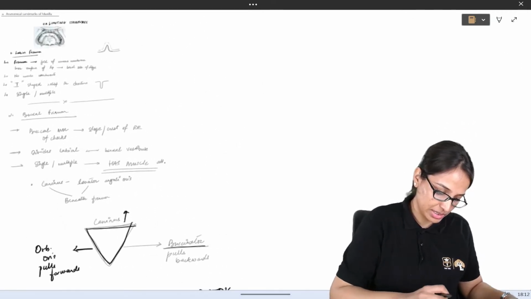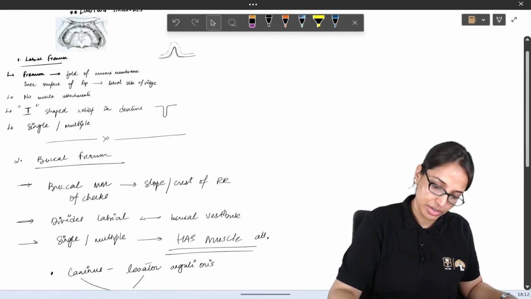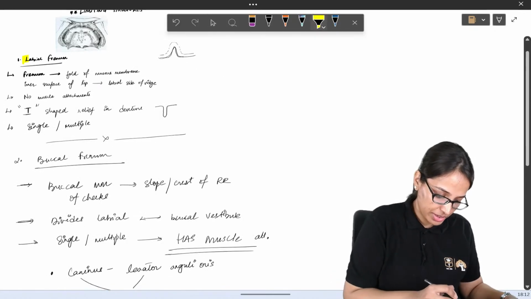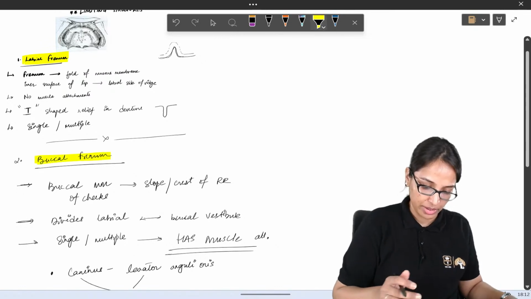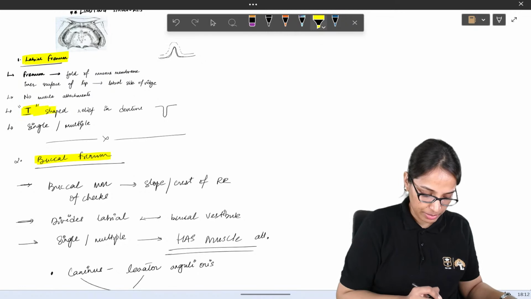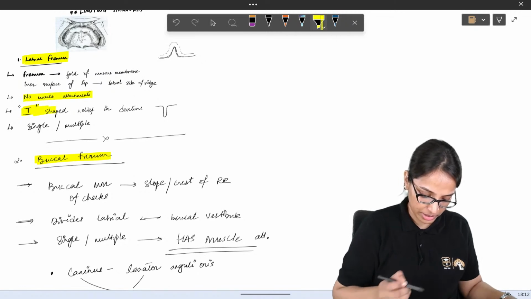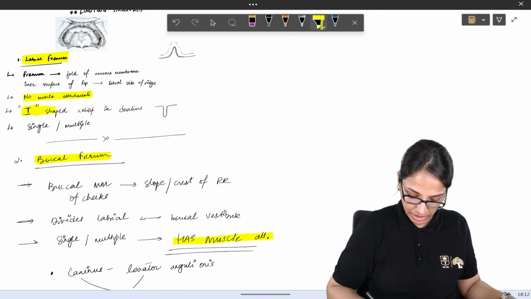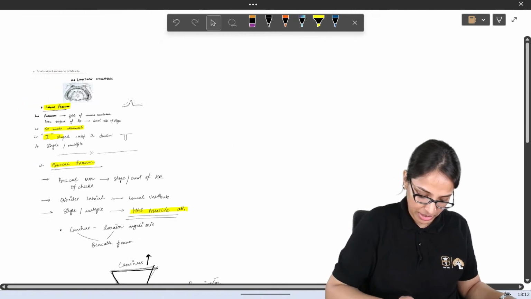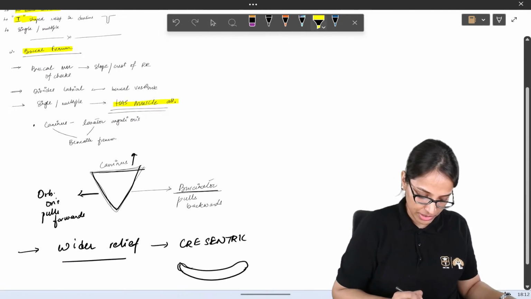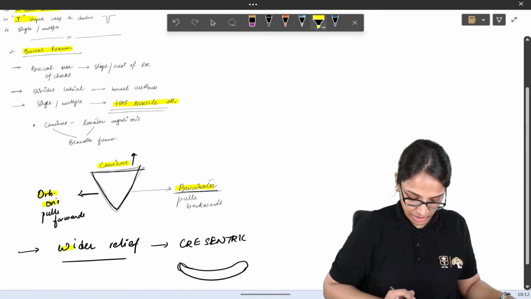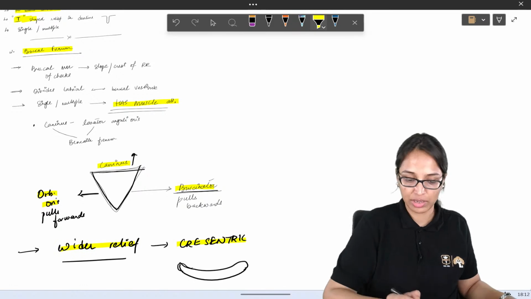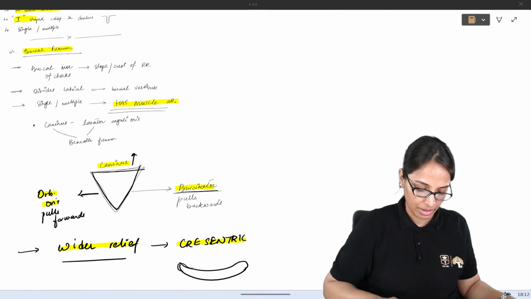What all did we see till now? We saw mainly two of our frenums. We saw our labial frenum and we saw our buccal frenum, right? Now, labial frenum, I-shape relief and no muscle attachments. Buccal frenum has muscle attachment, mainly your three muscles that we have seen here: caninus, buccinator, orbicularis oris, and you need a wider crescentric relief for your buccal frenum.